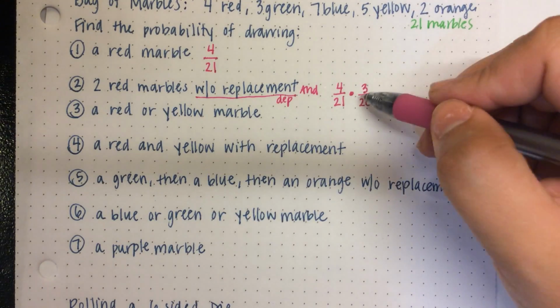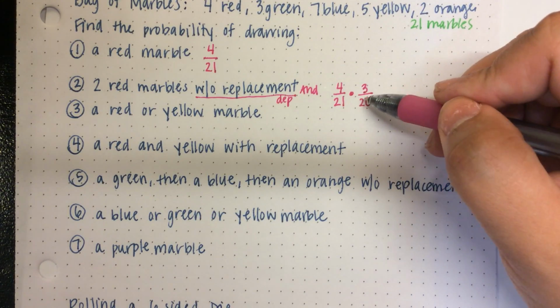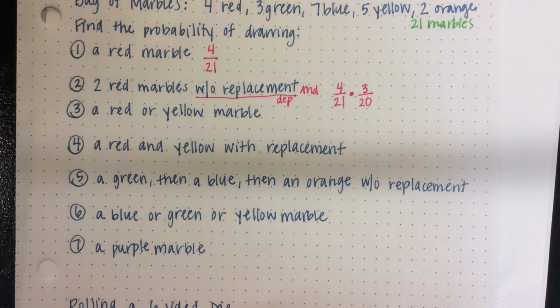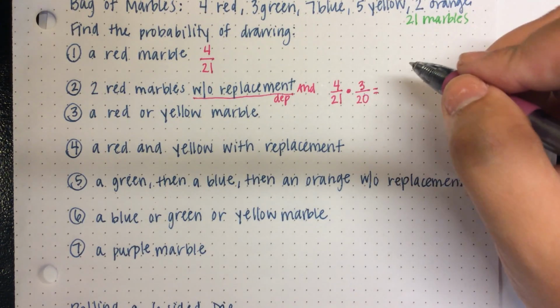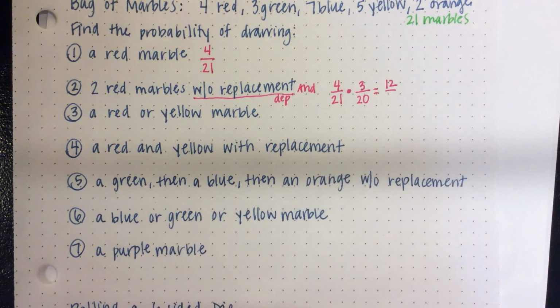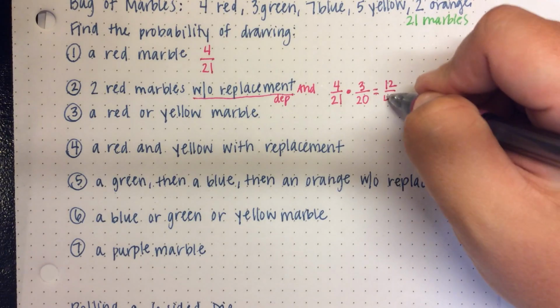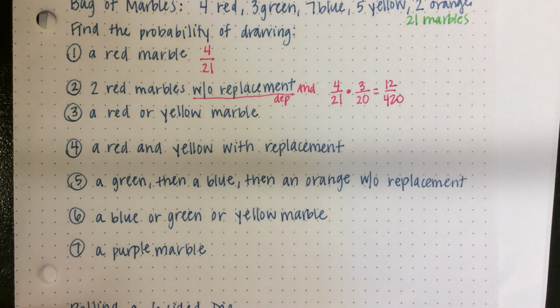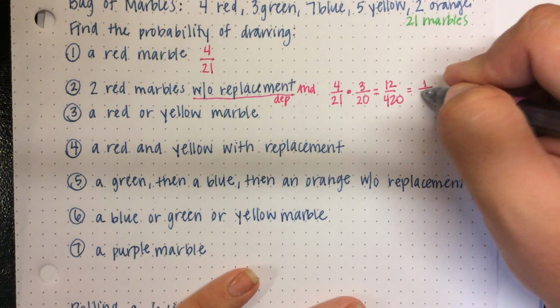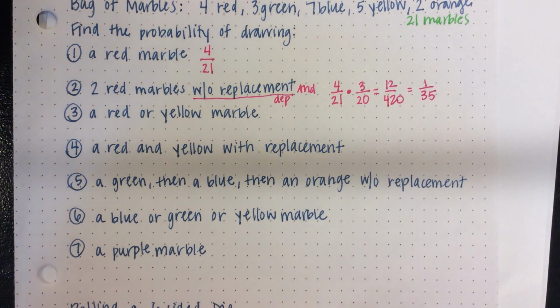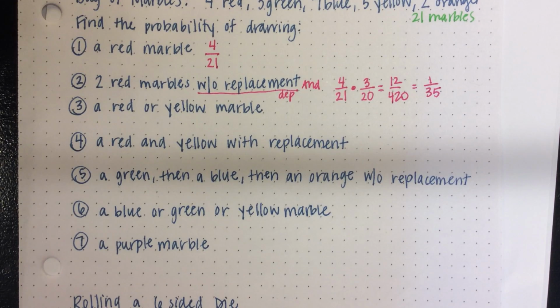Dependent means that my second probability changes based on what my first event was. Then multiply straight across. 4 times 3 is 12. Then 21 times 20 is 420. I'm going to use the calculator to help us simplify quickly, and we get 1 over 35. So there's my probability for both events happening.